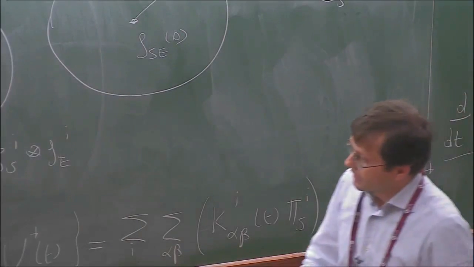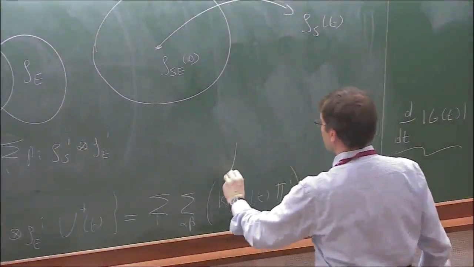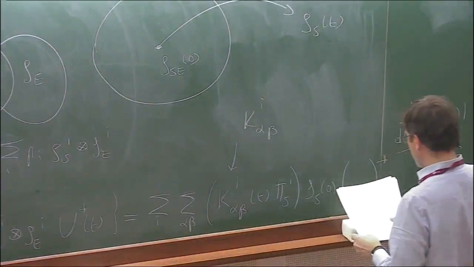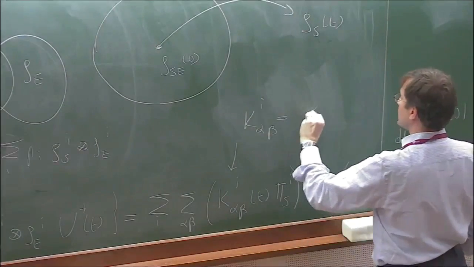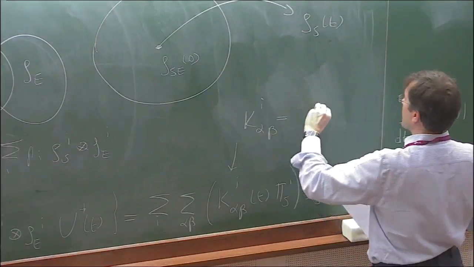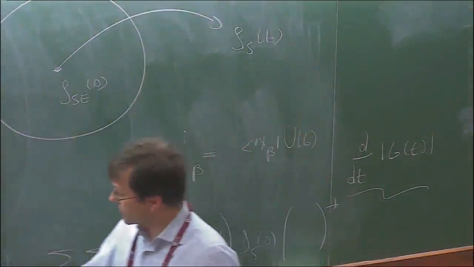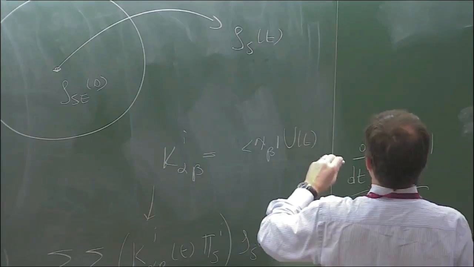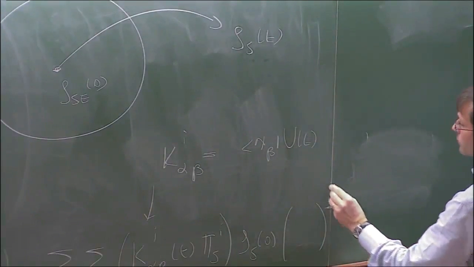Still allowing for spatial correlations. I have to specify what chi alpha beta is, but they are essentially the same object I considered the other day. Only the fact is now I have a collection of environmental operators depending on i, so the spectral representation of the environmental operator will depend on i.